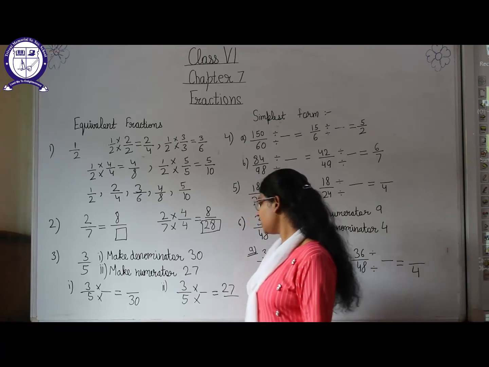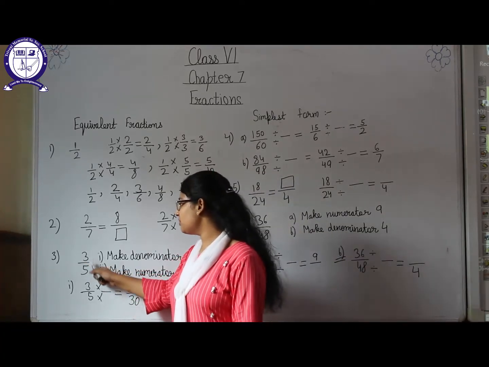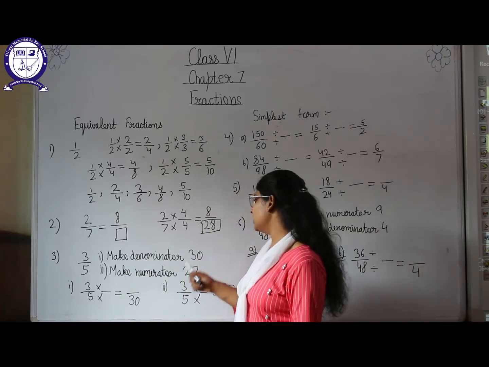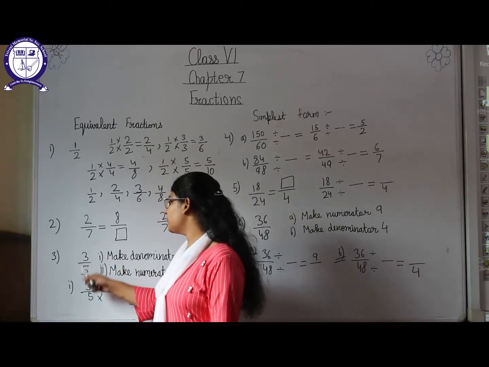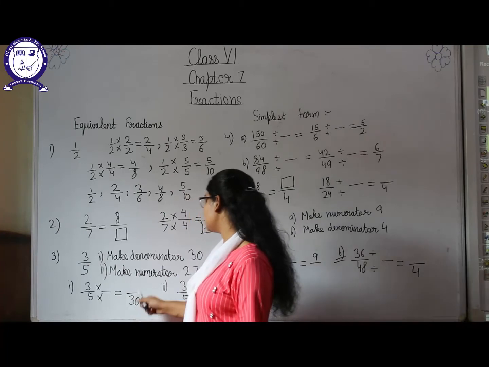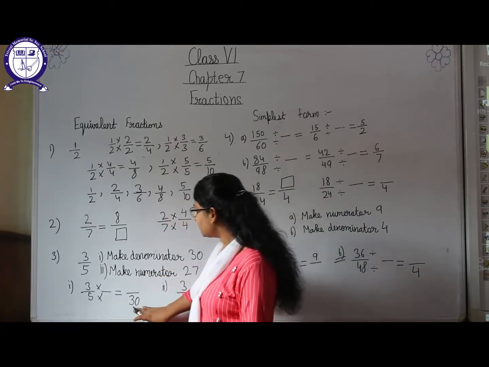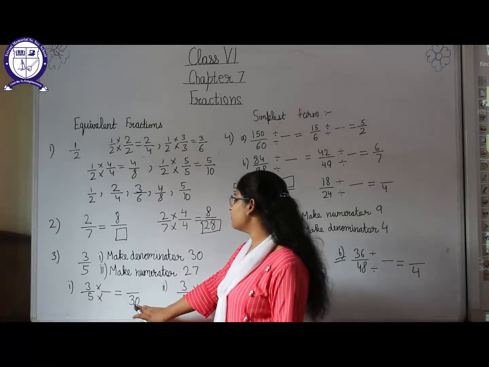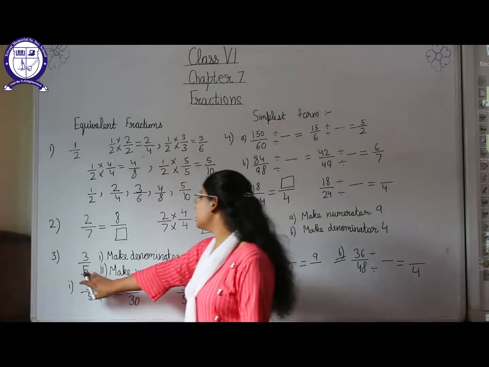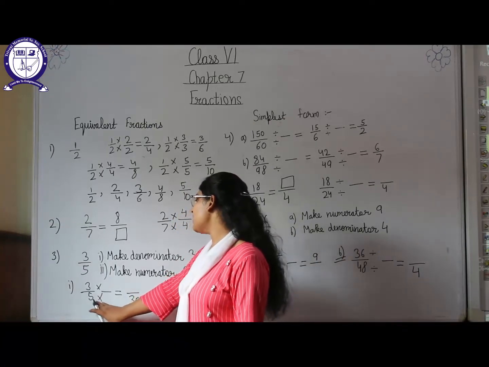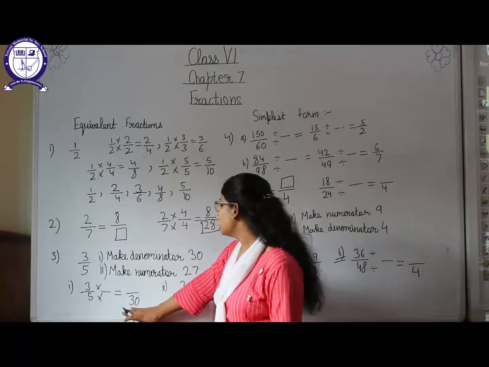Now in the third question, 3/5 is given to us, and we have to make the denominator 30. It means we will check the denominator, because the denominator is given to us and we have to make it 30, and here in the denominator 5 is given to us. So 5 multiplied by something will give us 30.